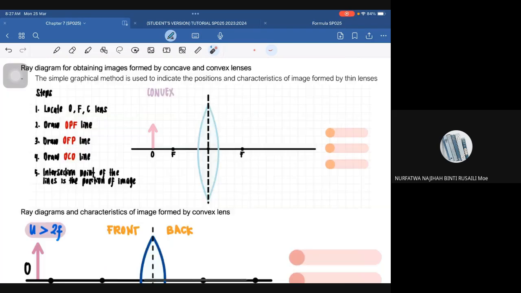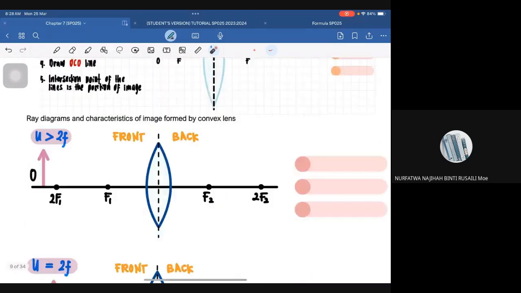Right, so this is known as a biconvex lens lah. Okay, this is biconvex lens. So kita perlu tahu macam mana melukis ray diagram. Steps dia sama juga. You have to first locate where is OF dengan C lah. Tapi yang ini kita tidak pula center of curvature.